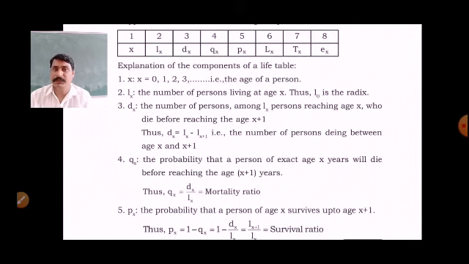Not into 1000 here, we are not finding the rate, just 100 divided by 1 lakh. So we get the probability of death, that is mortality, qx. And if we deduct it from 1, 1 minus qx, we get px, that is the probability of survival. Even in another way, if you take 1 lakh minus 100, that is 99,900. So 99,900 divided by 1 lakh. So we get the survival rate here.